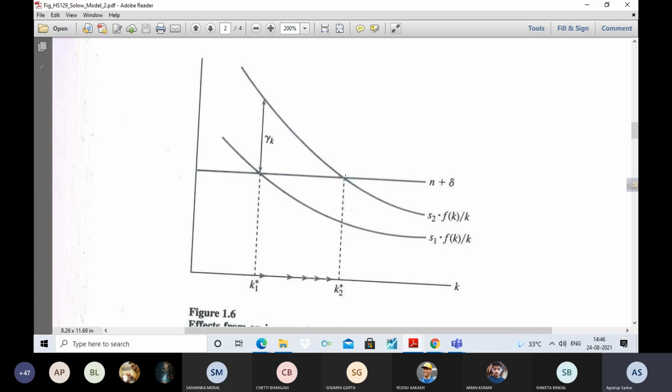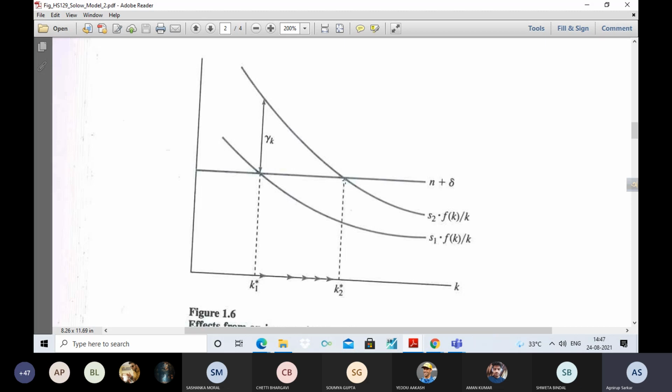So notice that even if people could save all their income, the saving curve would still cross the depreciation line, and as a result of that intersection, the long run per capita growth would stop. The reason is that the workings of diminishing returns to capital eventually bring the economy back to a zero growth steady state.